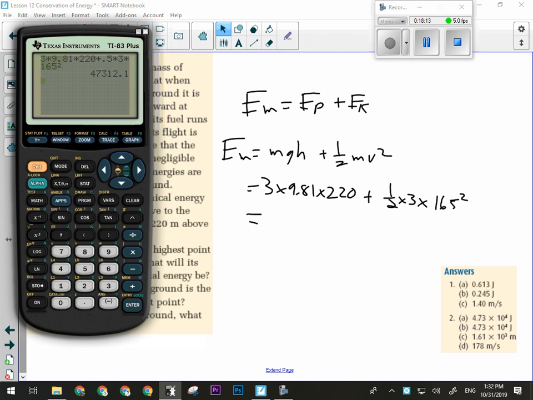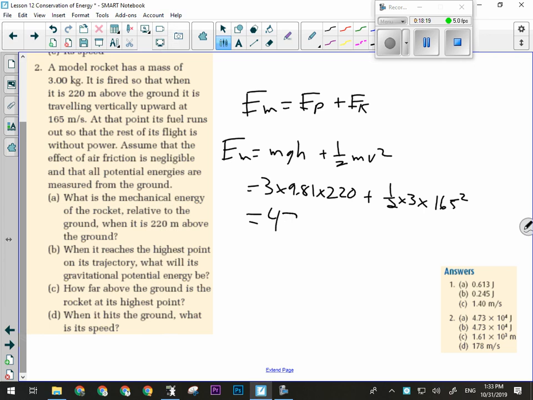All right, so we're looking at 47,312.1 joules. Now, we only have 3 significant figures here, so it'd be 4.73 times 10 to the 4 joules, which is what they have there. Part B, when it reaches the highest point in its trajectory, what will its gravitational potential energy be?